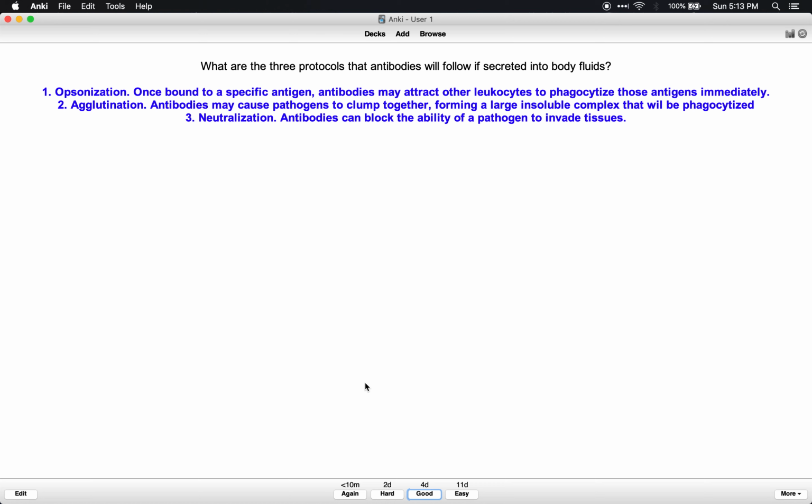Antibodies can block the ability of pathogens to invade tissue. Agglutination is forming a complex which would be phagocytosed, and opsonization is when it binds to and marks the pathogen for phagocytosis.